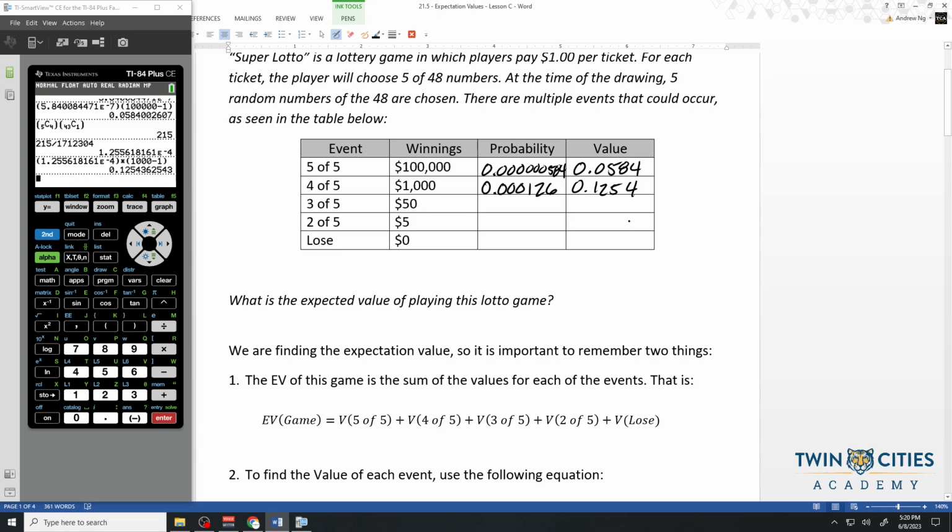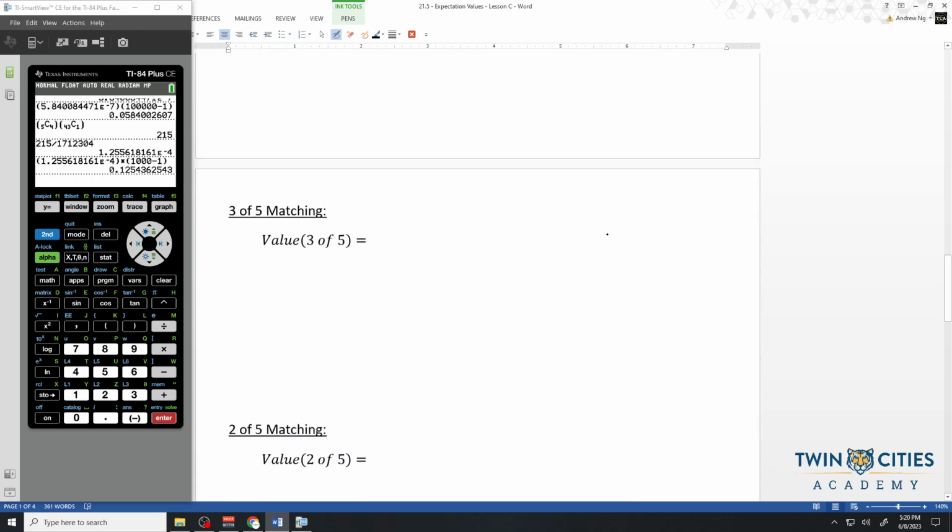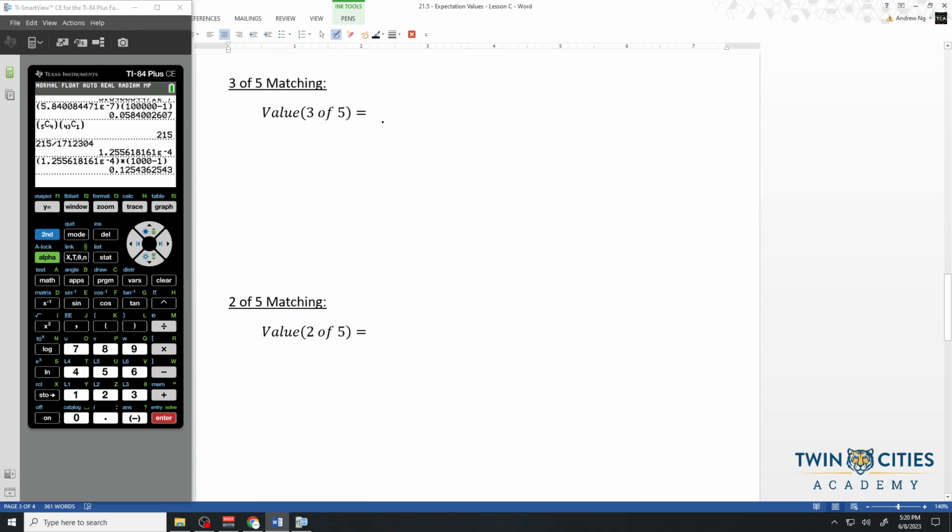All right, 3 of 5. So now 3 of 5, this is going to be the probability of getting 3 of 5 times the outcome of this event minus the cost. For 3 of 5, I've got 48 numbers in total. 5 are being selected.